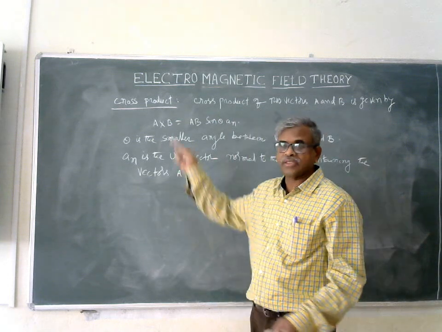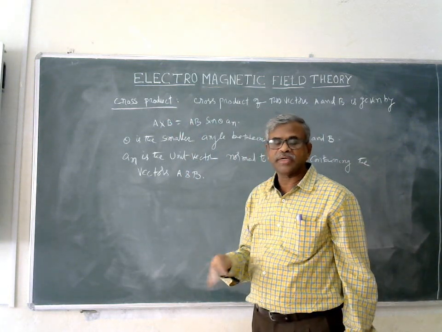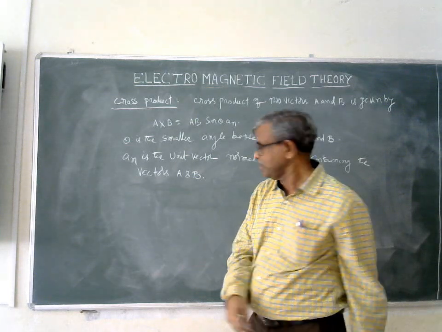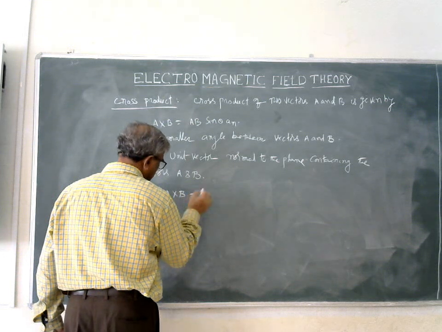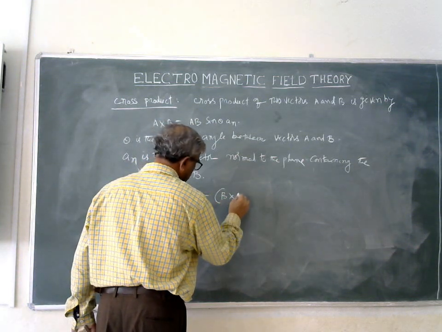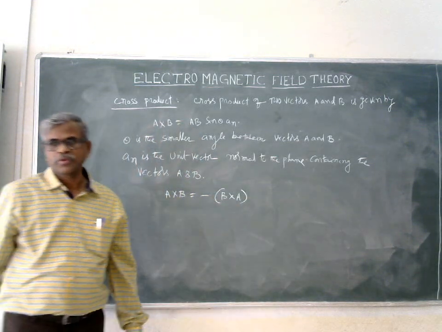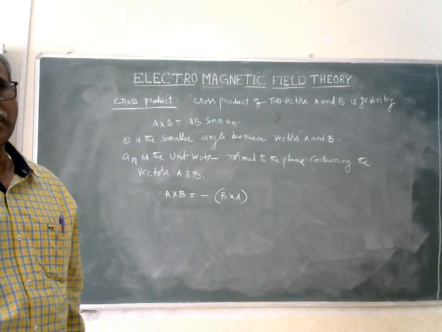So the cross product involves magnitude and direction. It does not obey the commutative law, so A cross B is equal to minus B cross A. Now we will take two vectors and find their cross product.